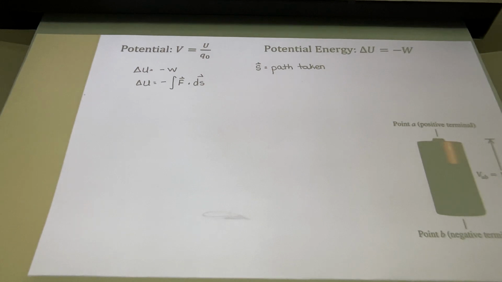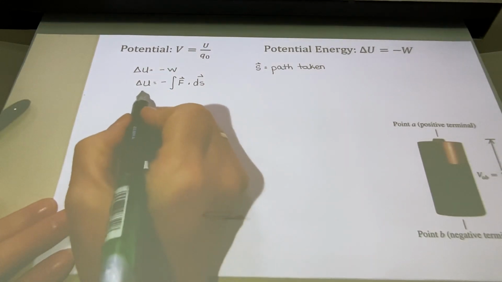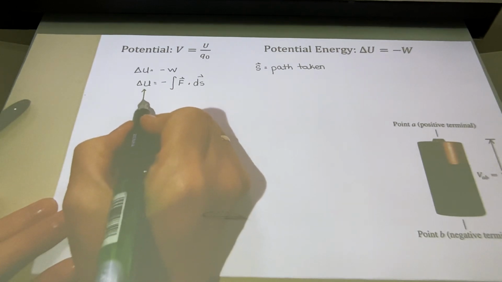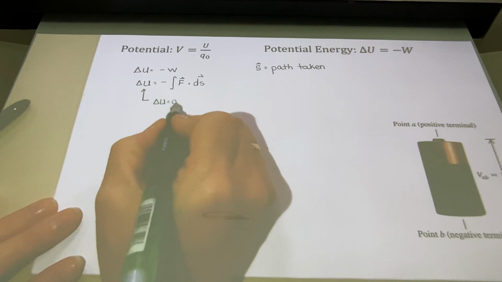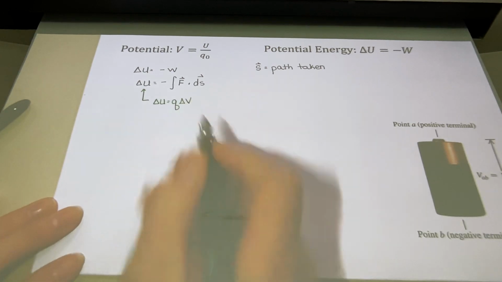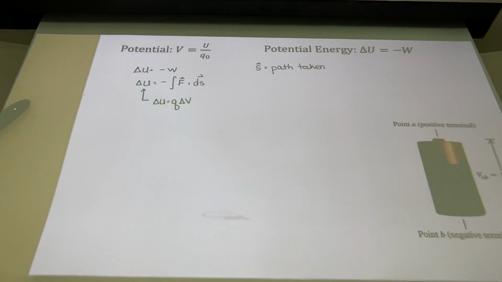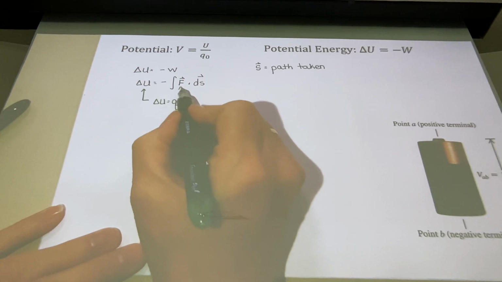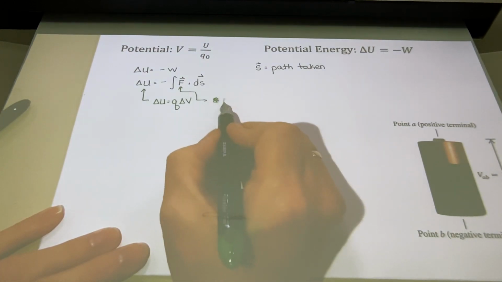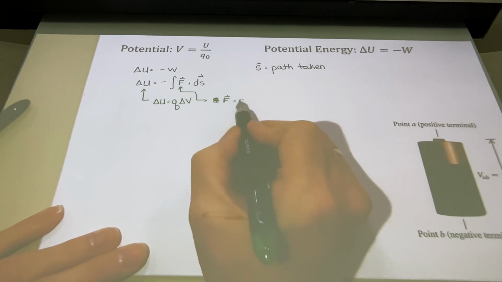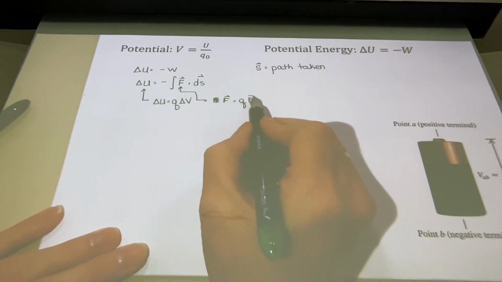So now let's put in the next relationships that we know. Let's relate electric potential energy and electric potential. So delta U is Q times delta V, because we said that potential is energy per unit charge. And we know that electric force F is charge Q times electric field.